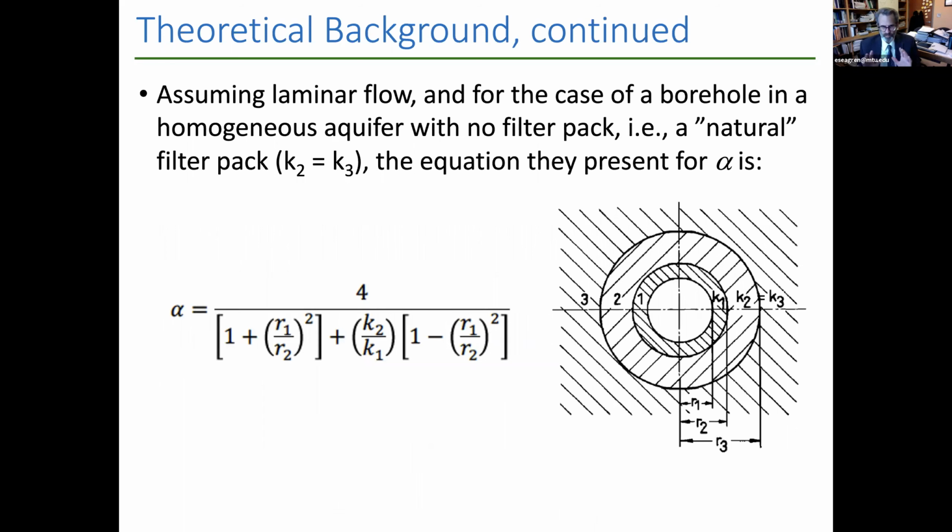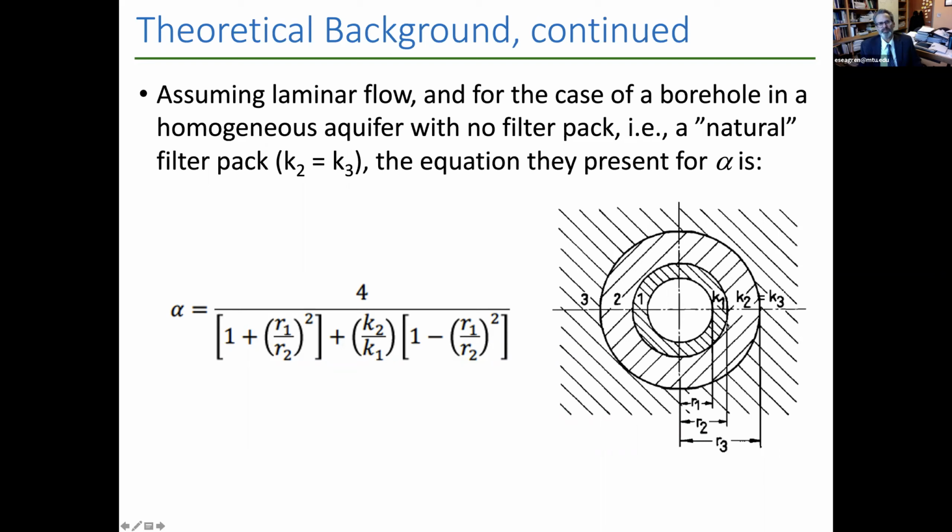So if we assume laminar flow and we have a homogeneous aquifer material without a filter pack, so I refer to that as a natural filter pack, where we have no filter pack in this zone 2. It's just the well screen surrounded by the natural aquifer material, such as you might have with a direct emplacement of the well screen into the subsurface.